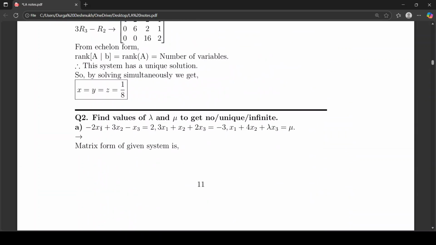Now we will discuss this type of question. I will just explain how we are going to solve it.